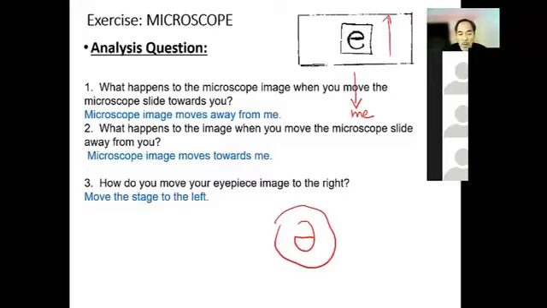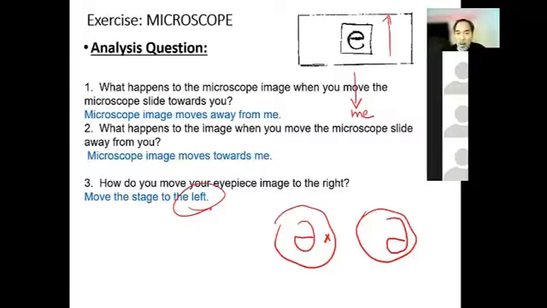I want to move the image towards here, to the right. So the way to do it is to move the stage to the left, because remember, it is reversed. This is what you see on the microscope.